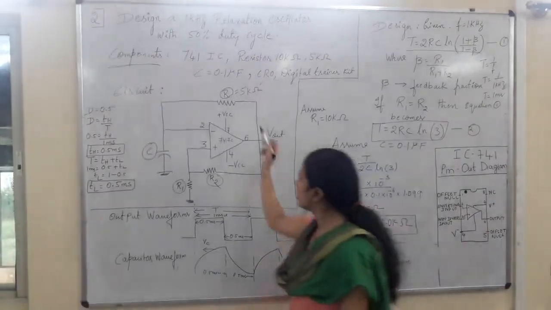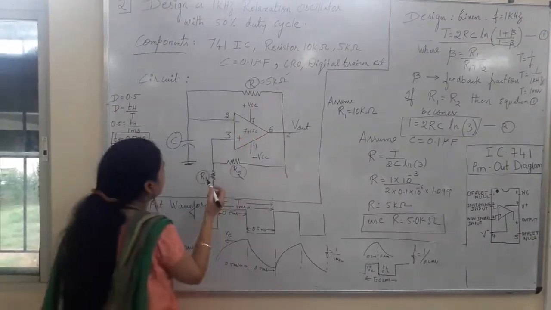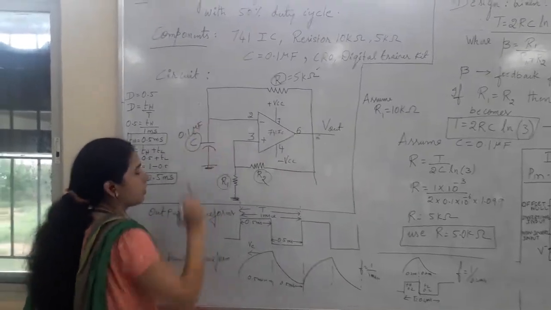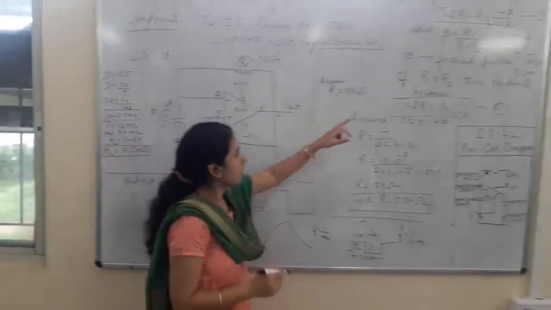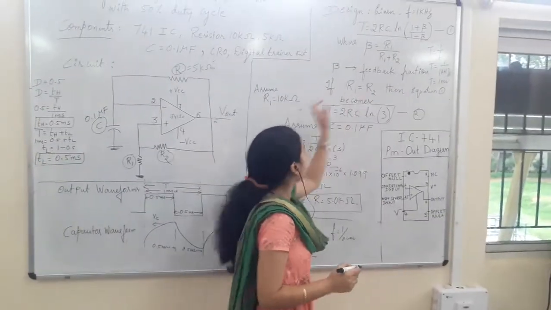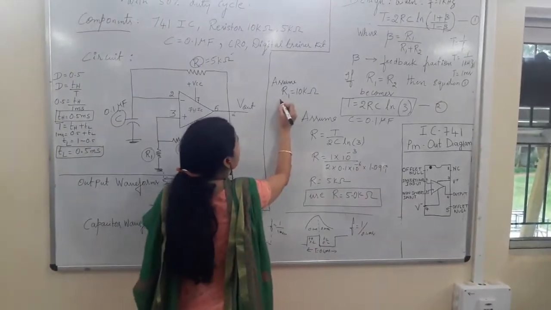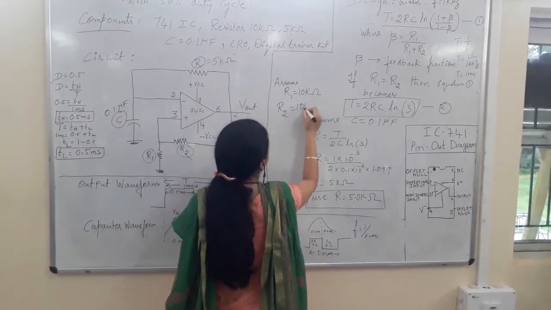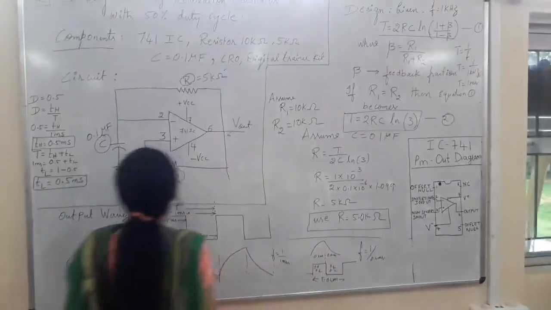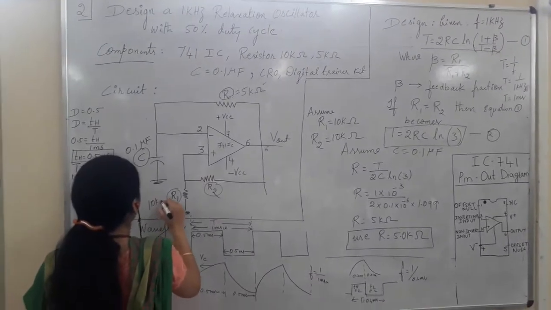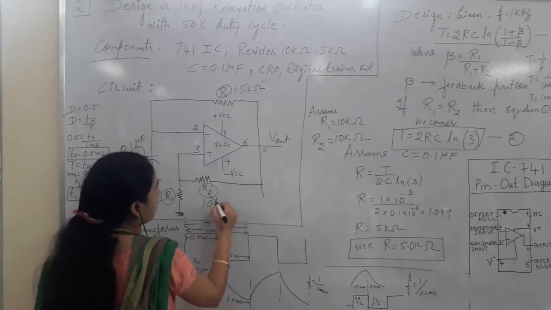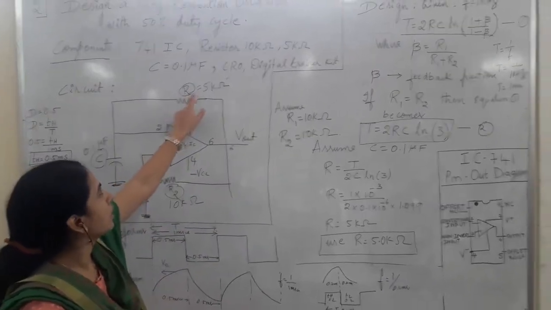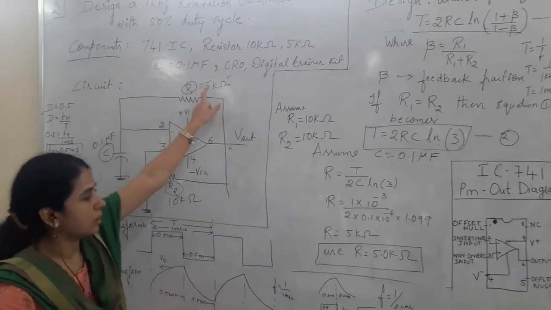Now, after finding the R value, we have already assumed the capacitor as 0.1 microfarad. Since we know that R1 is equal to R2, we assume R1 also. If R1 is 10 kilo ohm, R2 will also be 10 kilo ohm. So R1 is 10 kilo ohm, R2 is 10 kilo ohm, and the main feedback resistor R is 5 kilo ohm.